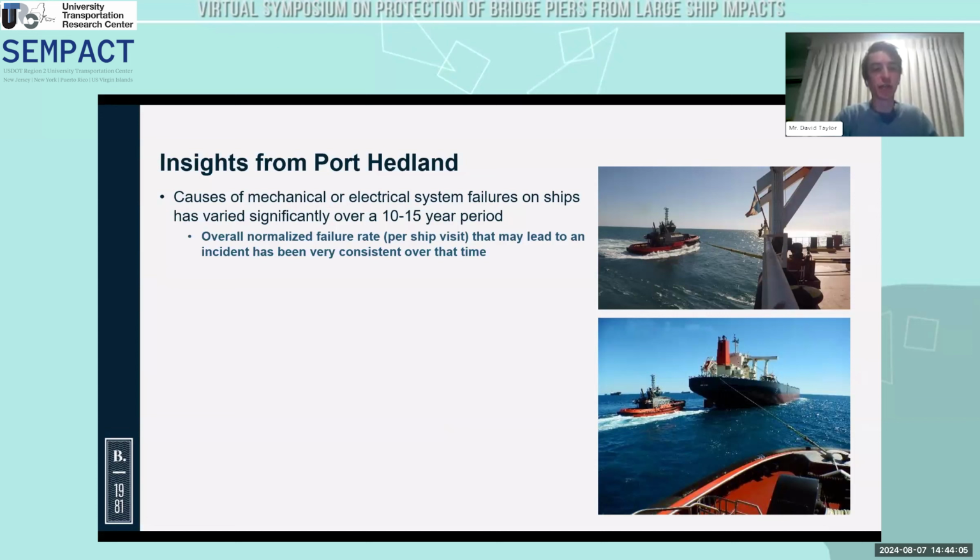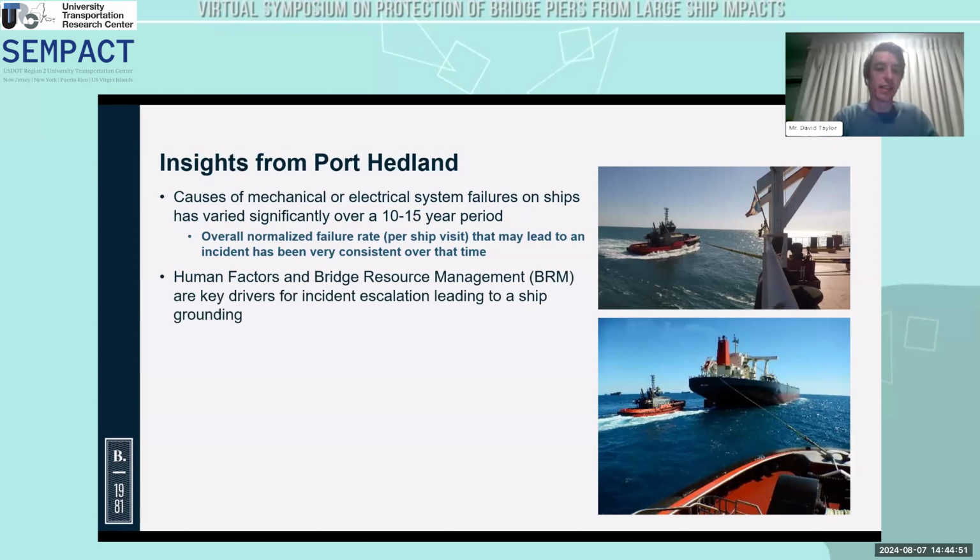There's been changes in drivers and the root cause of those system failures over the last 10 to 15 years. But when you break it down into a per ship probability of a major mechanical or electrical failure, that rate hasn't actually changed very much, which has meant that reducing the risk from these root causes has had relatively low effectiveness, which is why we've had to pursue other mitigations.